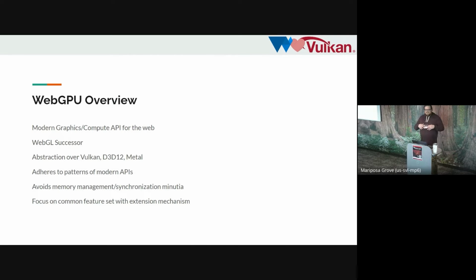And it's an abstraction over Vulkan, D3D12, and Metal concepts, adhering to a lot of the patterns of those APIs while trying to avoid some of the minutiae of memory management and barriers and whatnot. We focus on the common feature set of all those APIs, but we do have an extension mechanism to allow us to extend the API in the future and expose features that are common but not ubiquitous, like texture compression.